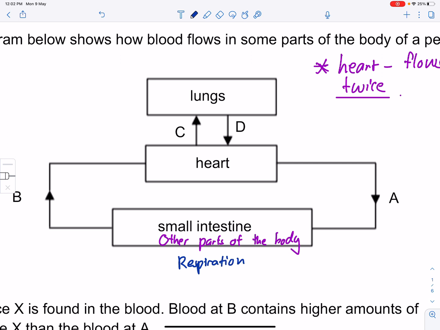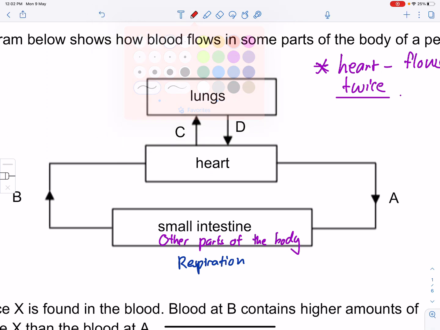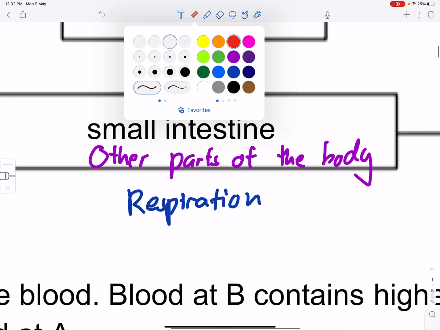Now I've told you many times when it comes to respiration, it is very important to write down the equation to help you.